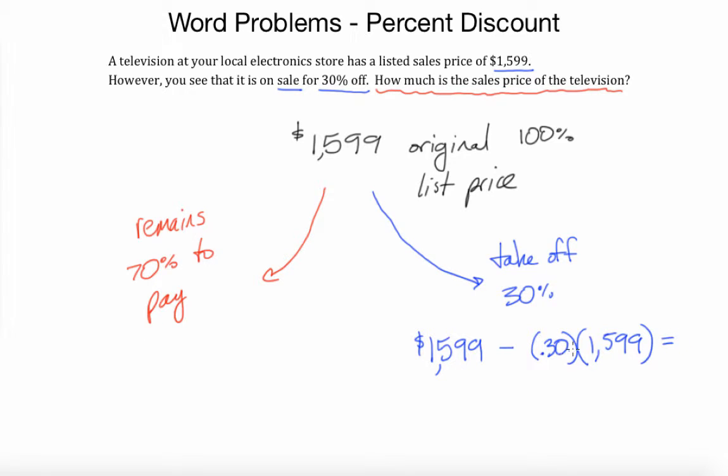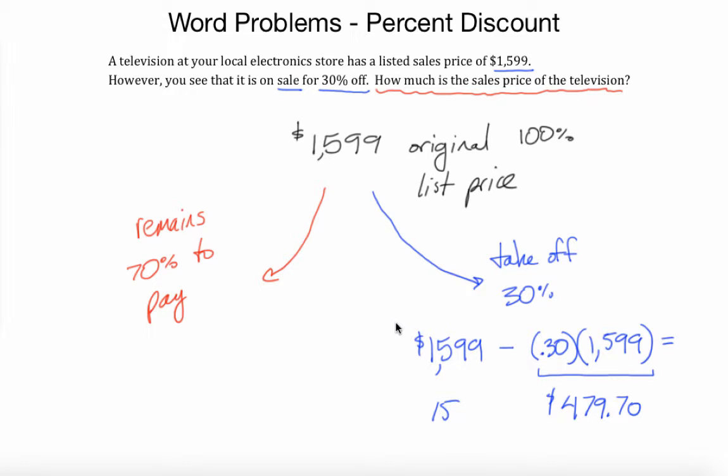That's one way to do it. So if I did my order of operations, I would first calculate, what is 30% of $1,599? Once I found that amount, then I could subtract it from $1,599. If I pull out my calculator really quick, 0.30 times 1,599 is $479.70.